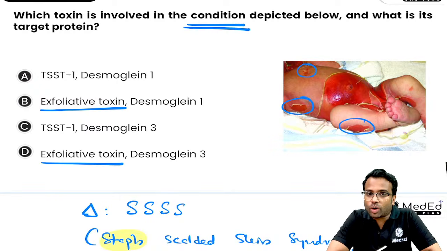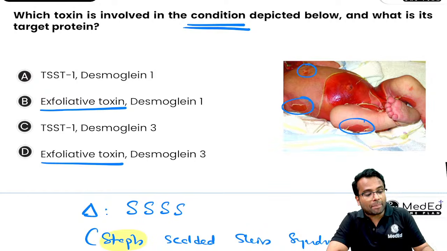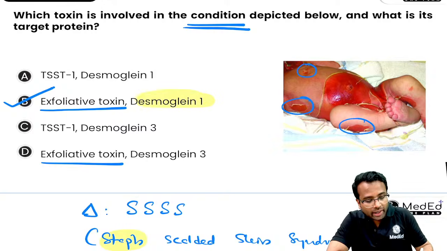Now, in this exfoliative toxin, is the defect happening in desmoglein 1 or desmoglein 3? Yes, the defect is happening in desmoglein 1 here. And since only desmoglein 1 is involved, that is the reason why there is no oral mucosal involvement.